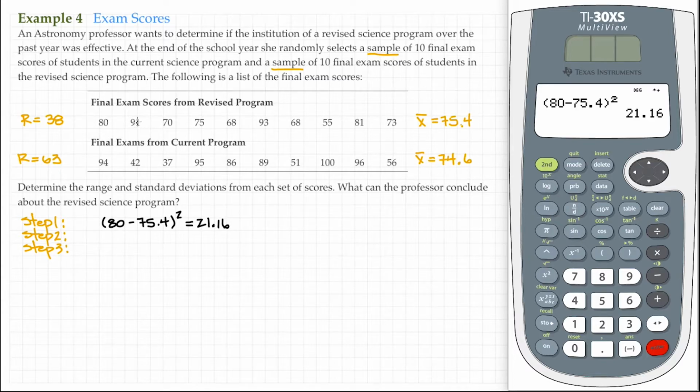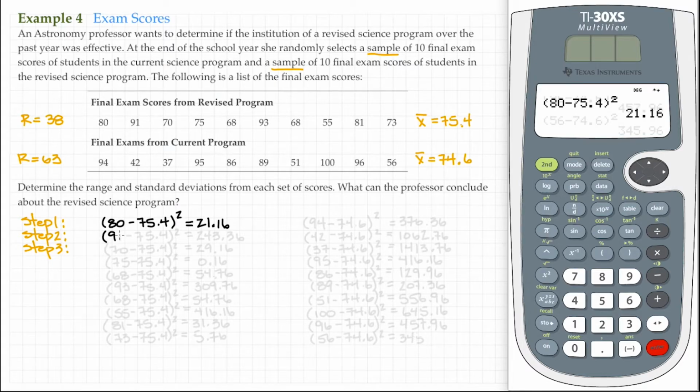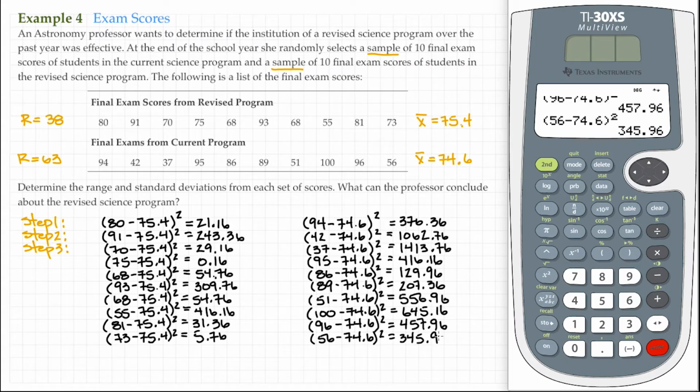And we're going to do that for each one of the data values for the revised program, and for each one of the values for the current program. Okay, now that we have all those deviations squared, this set right here is for our revised program, and this set right here is for our current program.